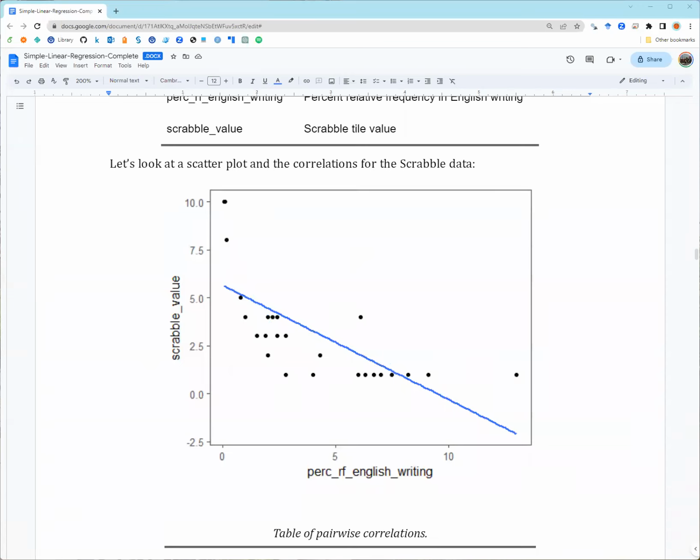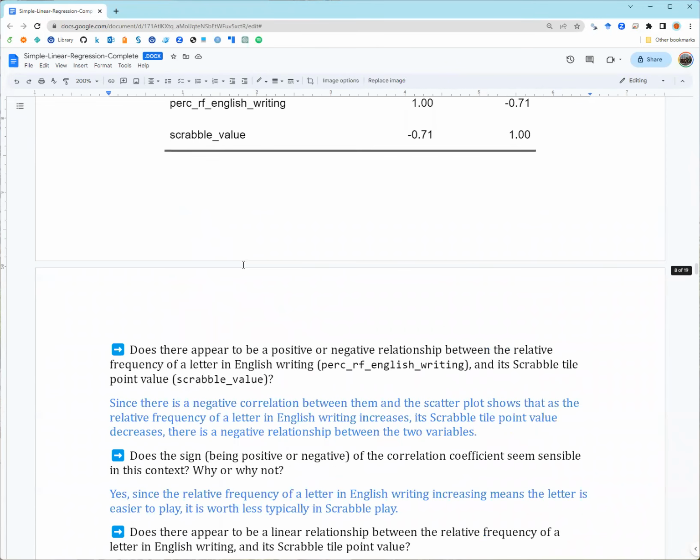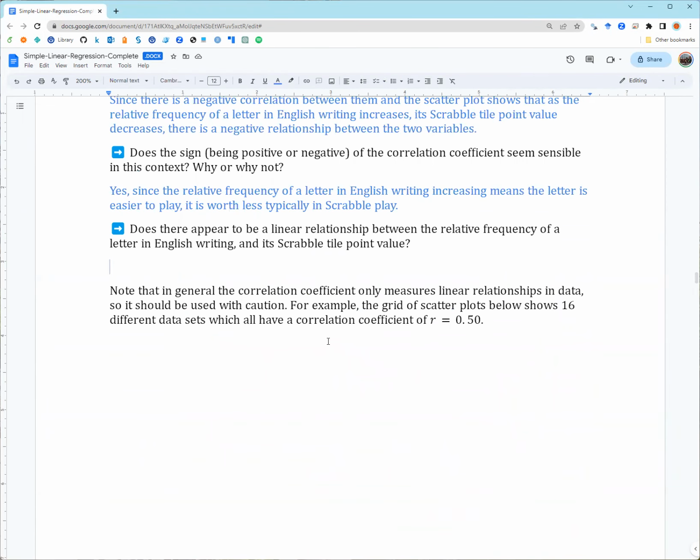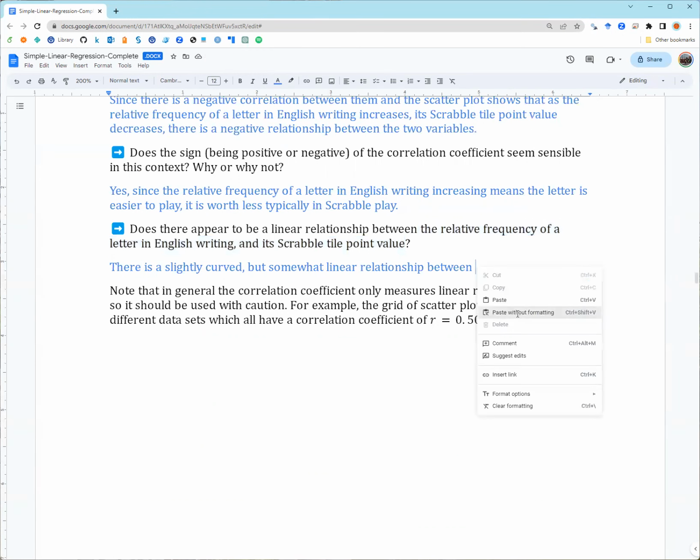And so, yeah, this happens for real life data sets, right? Not everything's perfect or follows a straight line relationship. So we'll say there is a slightly curved but somewhat linear relationship between these two variables.